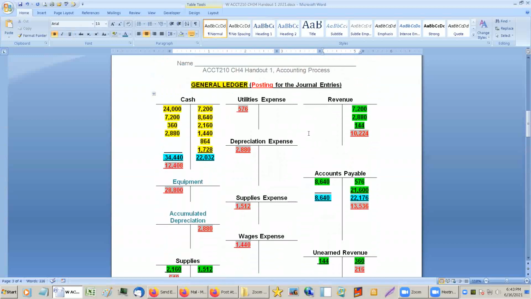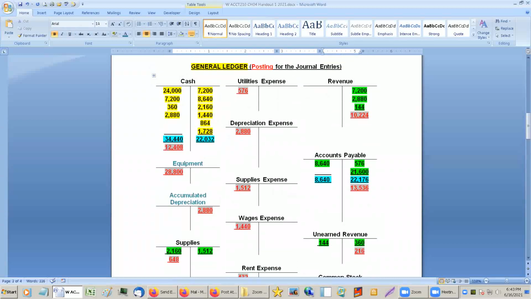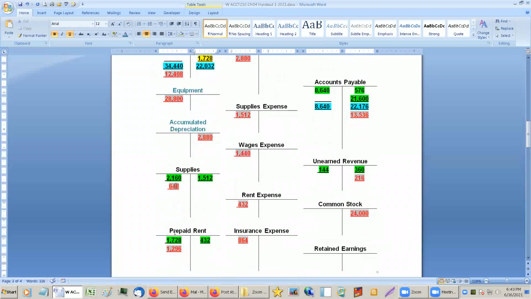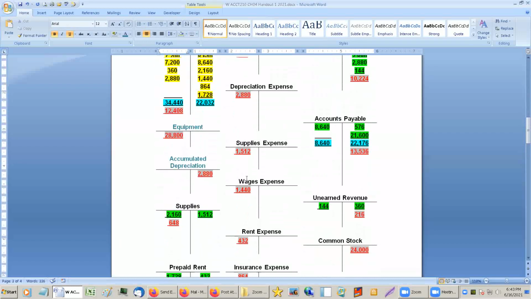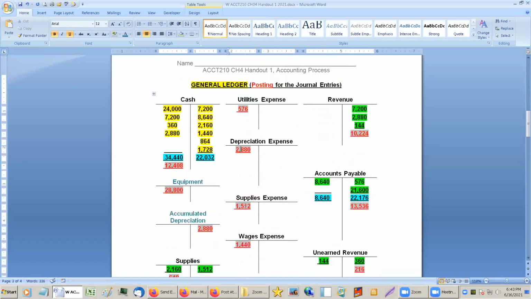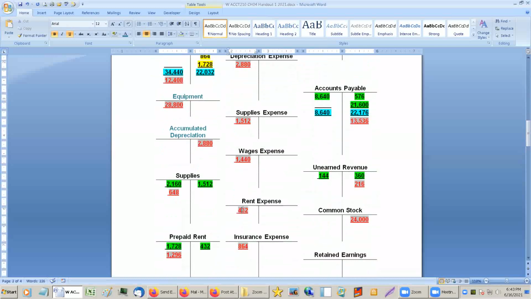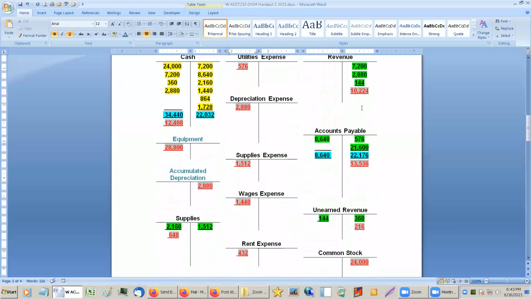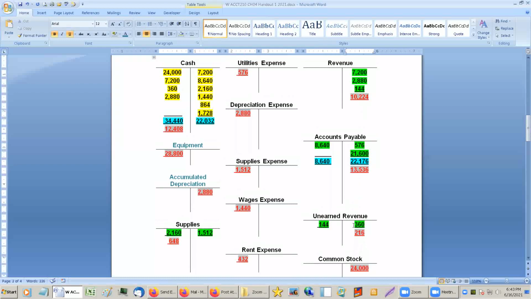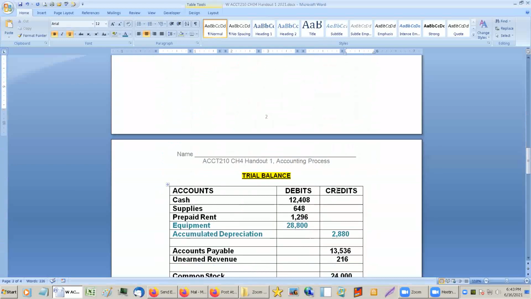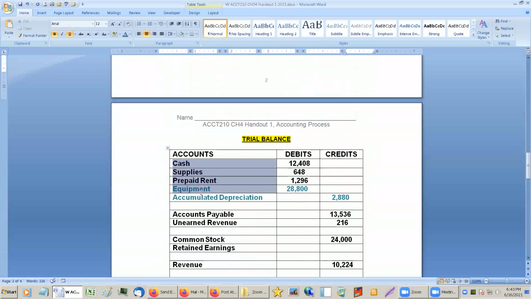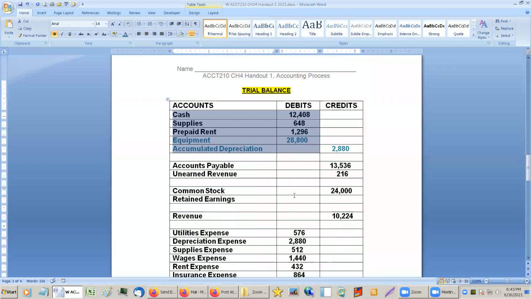One thing that is sometimes good to do is just to count them. There's 15 there.